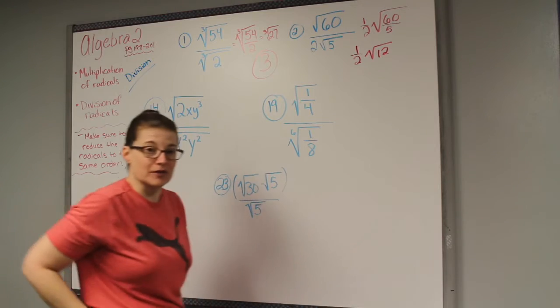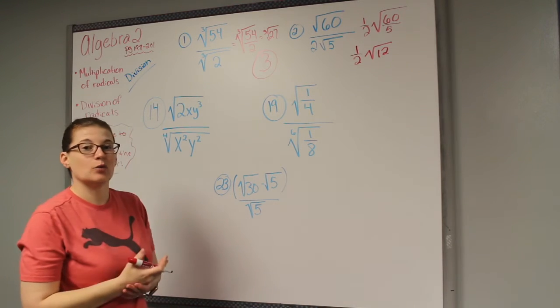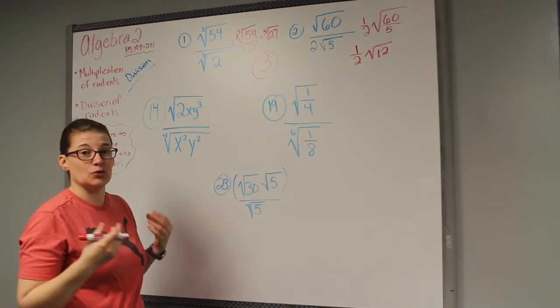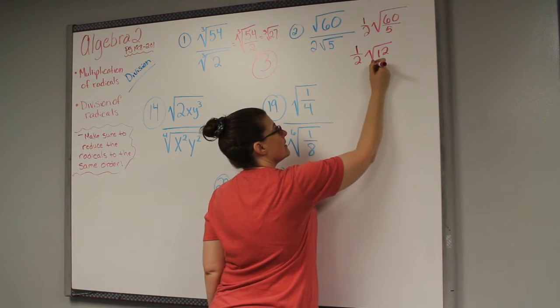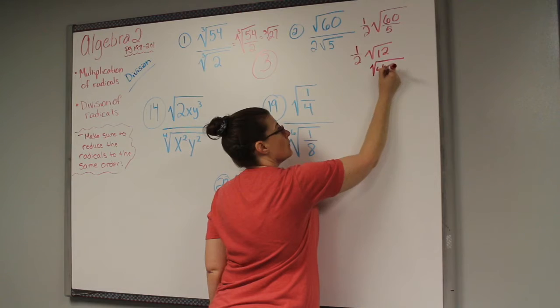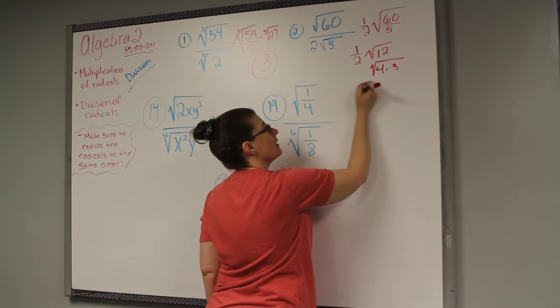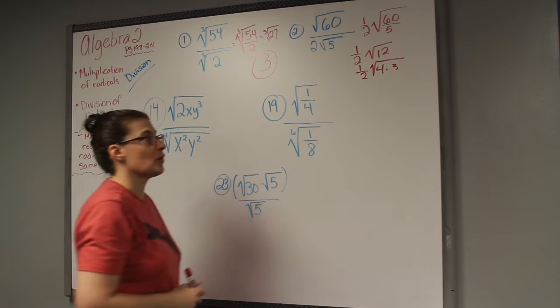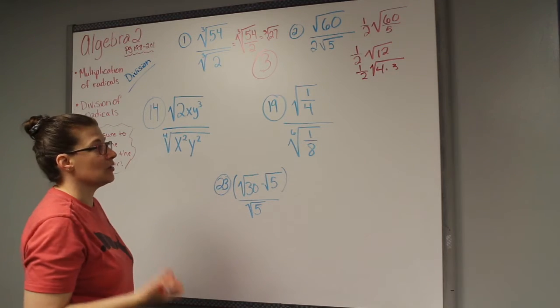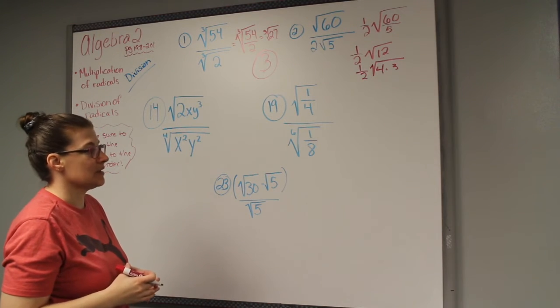Now, there is no perfect square of 12. However, we can break 12 down into multiples that have a perfect square, and what I mean by that is I can break this down to 4 times 3 with my half out here, and there is a square root of 4. Okay, I do that to get the radical as small as possible.